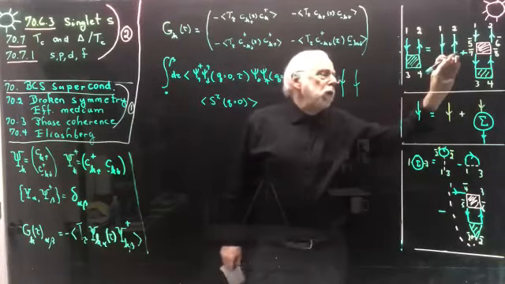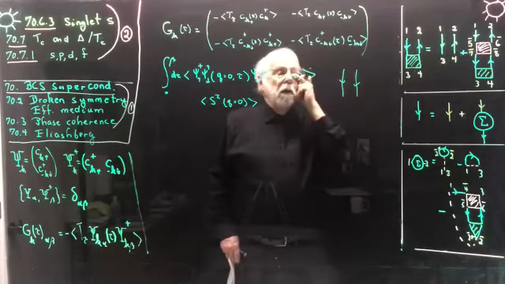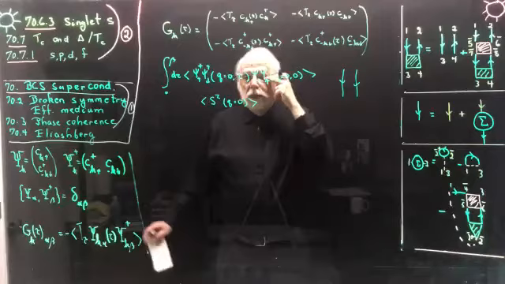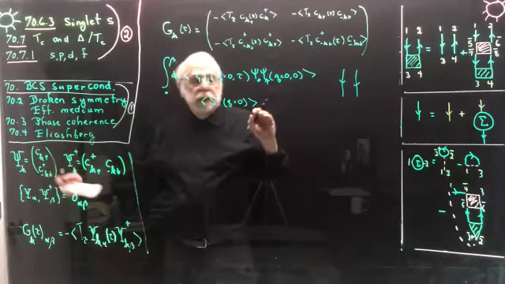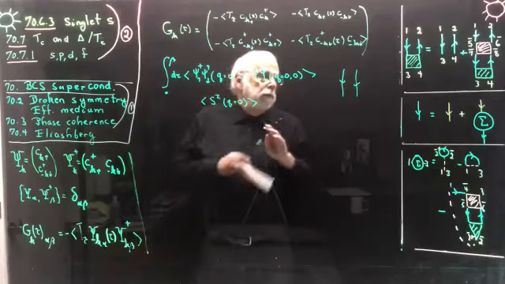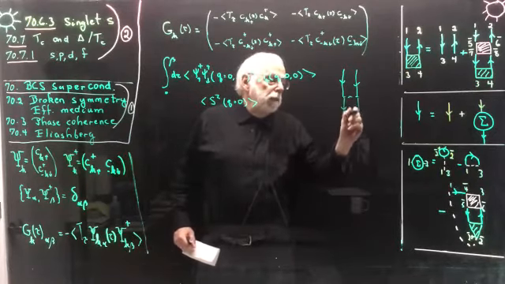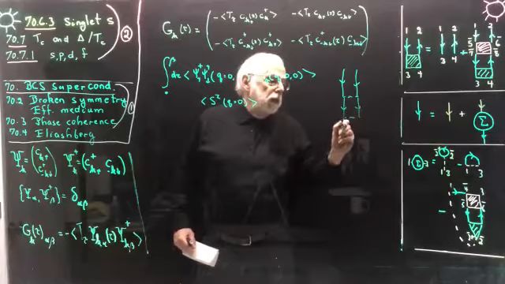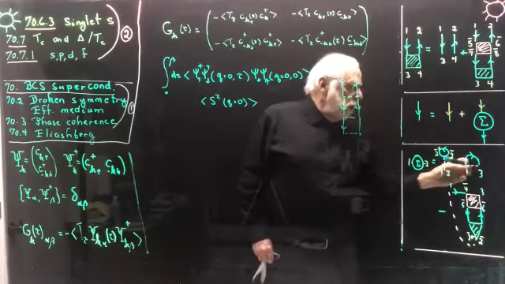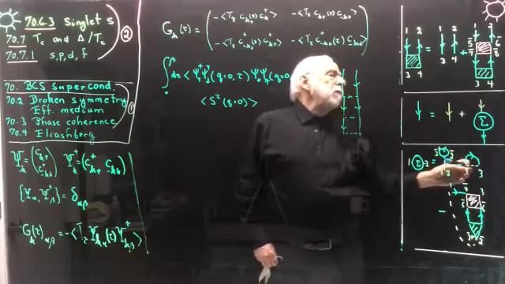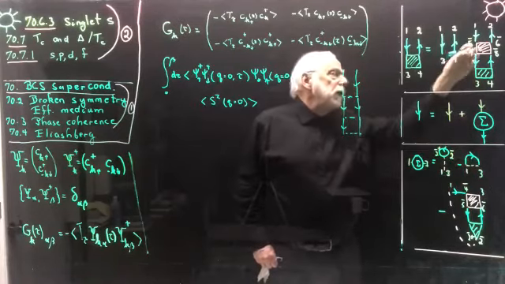Because in the Nambu notation, this is psi dagger, but if you go back to the original notation, then one of the two Green's functions will be with C dagger C, so you have to put the arrows backwards. So what we did in some sense is just to sum all these diagrams, because we used this as an interaction, and we take the functional derivative and we substitute here.